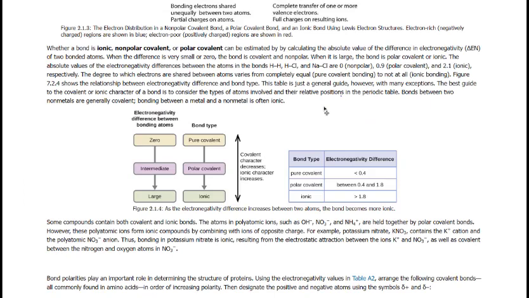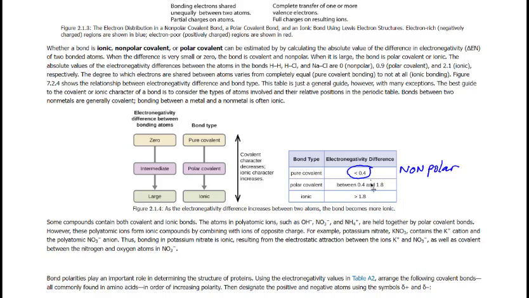So here, if their electronegativity differences are less than 0.4, then we would consider this nonpolar or purely covalent. If their electronegativity differences are between 0.4 and 1.8, we would consider it polar covalent.